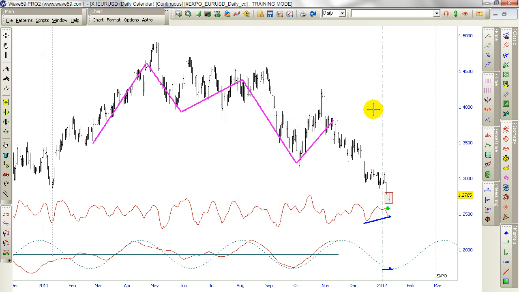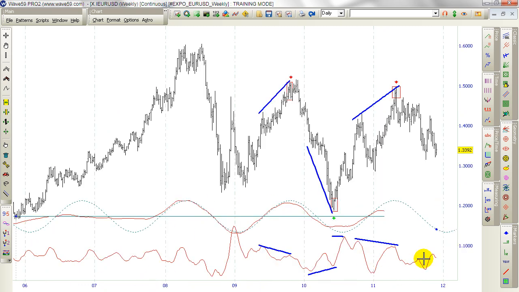So this is how we use the longer and shorter term cycles in alignment to fine tune our trade entries and trade exits. The longer term cycle showed us that we would expect the major low in January, and we know this since the major top in April 2011. So we had a lot of time to prepare this trade timing.